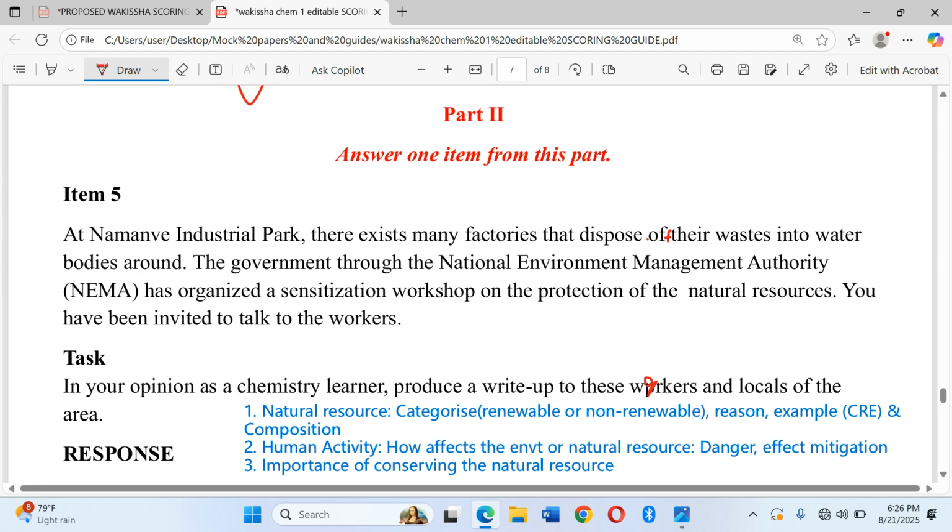I don't think there is another one that is being affected majorly here. So we categorize it. Is it renewable or non-renewable? We give the reason. And then we give its composition. Then thereafter we go to paragraph 2. We do what it requires us to do, and then paragraph 3.